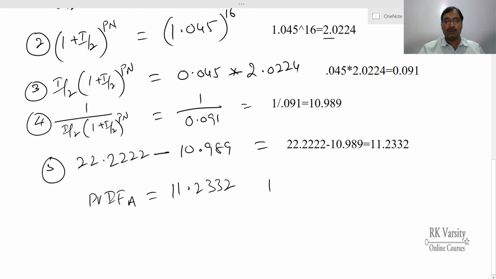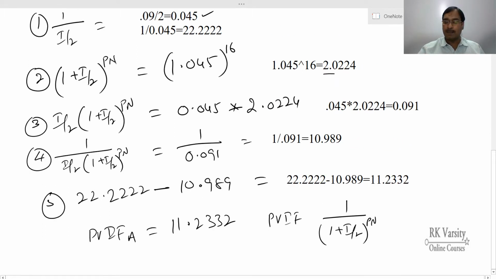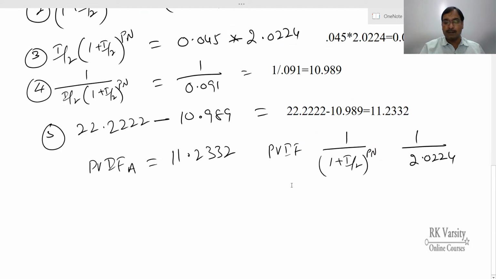Then to get your present value interest factor, this is 1 upon (1 plus I upon 2) to the power of P into N. We have this value already calculated, that is 2.0224. So 1 upon 2.0224 equals 0.4945. This is your present value interest factor.